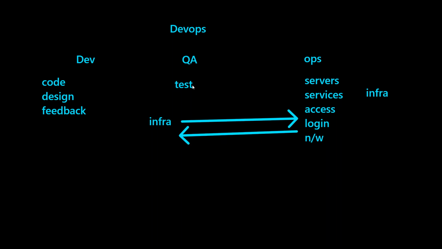Let's say the dev and QA teams need some infrastructure and have requested the ops team. Before the ops team provides it, the request might be a change to the existing infrastructure, or it might be launching a new infrastructure, whatever it is. Before they serve the request, they have to do a lot of checks, isn't it?